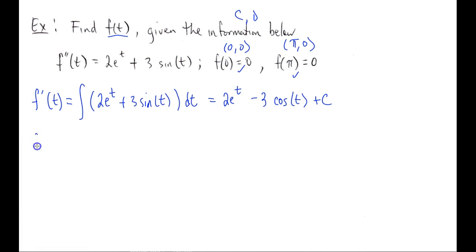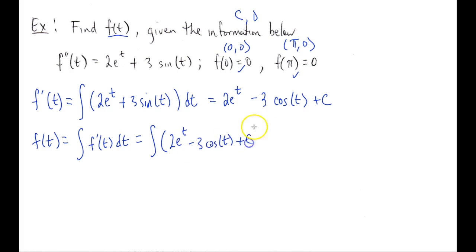So now we need to find the original function, which is going to be the antiderivative of the first derivative, which will just be the antiderivative of what we just found. And here, again, the 2e raised to the t is the antiderivative of itself.